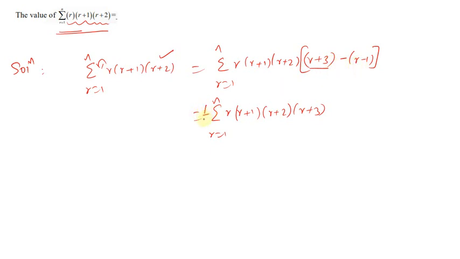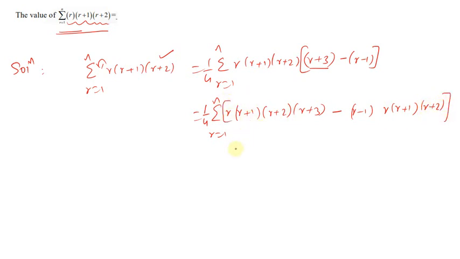So let me divide it by 4, 1 by 4. Now it is compensated. 4 is divided and multiplied, r gets cancelled, you are getting 4. Now you can write this as (r minus 1) into (r plus 1) into (r plus 2).